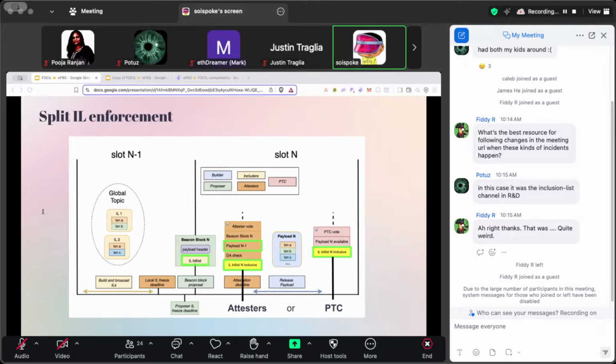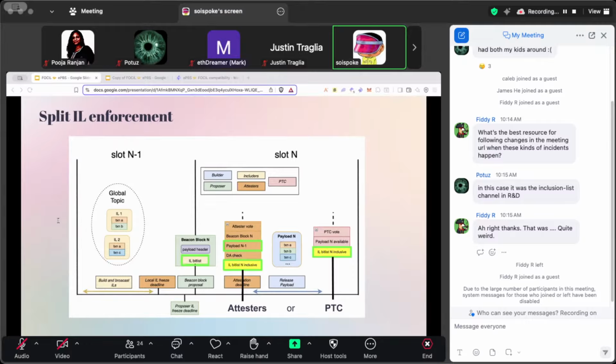The beacon block will no longer be rejected just for containing a commitment to a payload that fails the inclusivity check of the IL bit list. Instead, if the builder's final payload fails the actual, final deterministic post checks, then only the payload is reorged, which is nice.